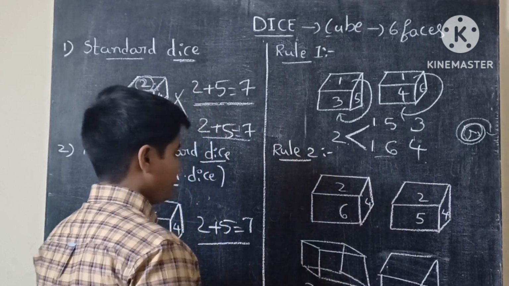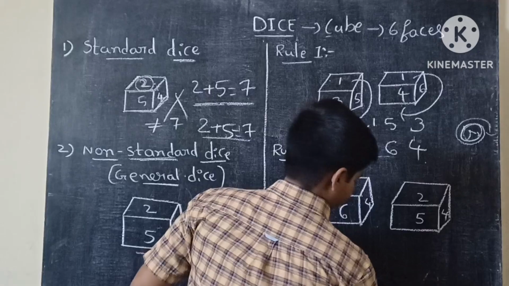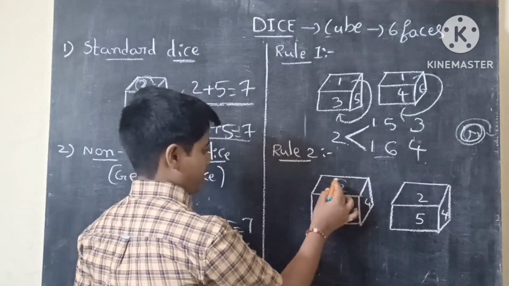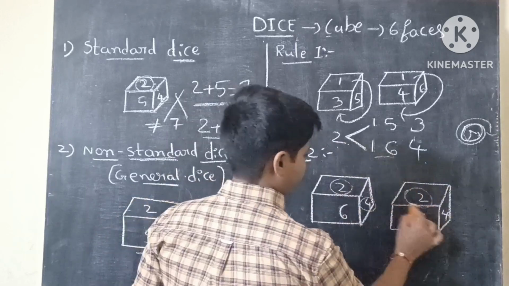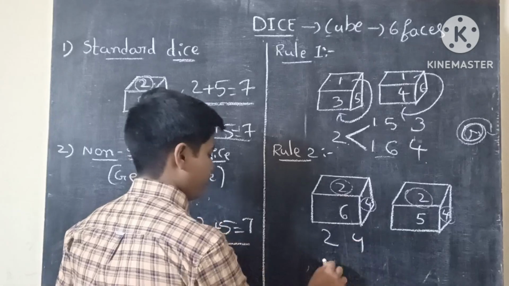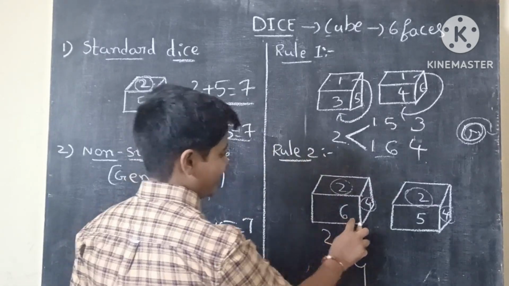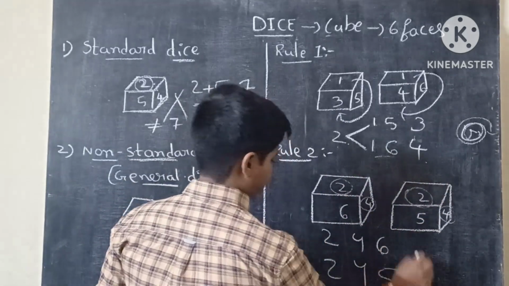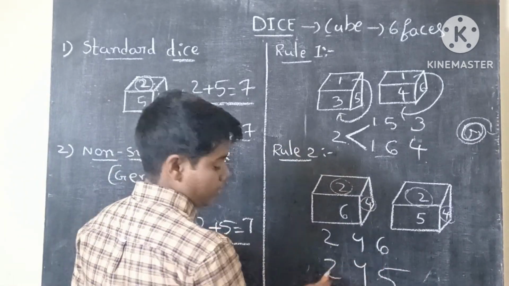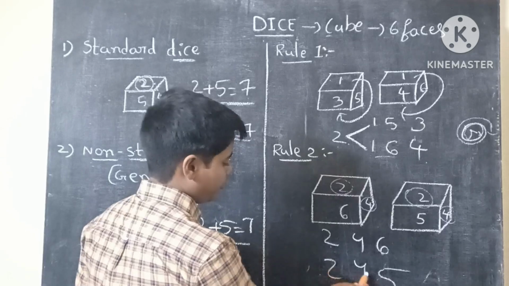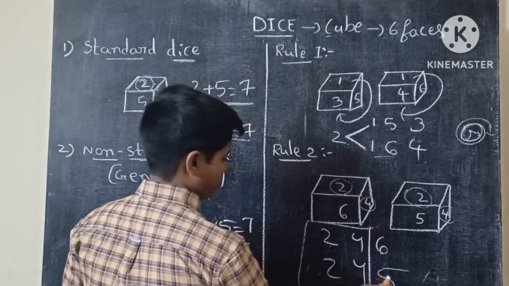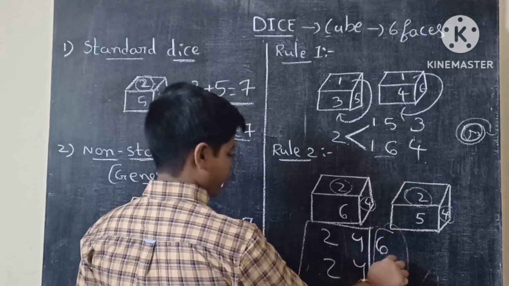Now rule 2. In this rule 2, there are 2 common numbers, 1 and 2. Two numbers are common here, so remove these two numbers and the remaining numbers are opposite to each other.